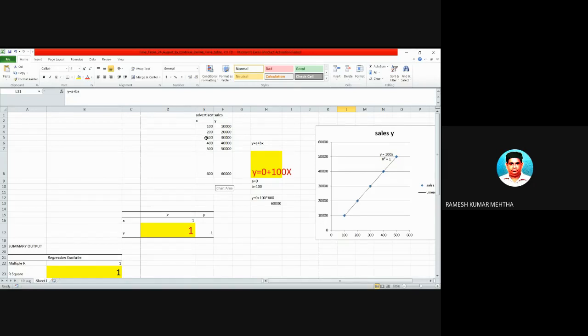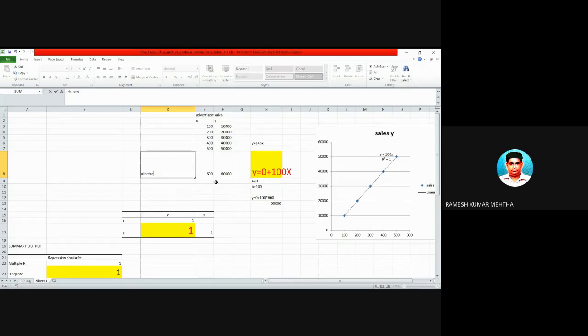I am now using the third way of getting the coefficient of x and the constant value, or the intercept, which is a. First one is intercept.